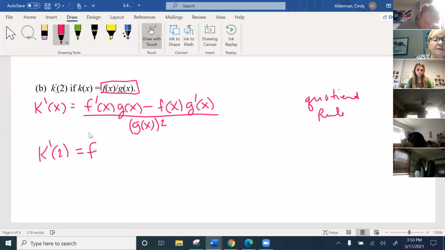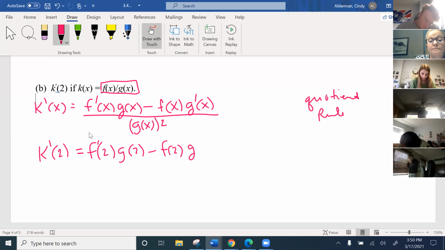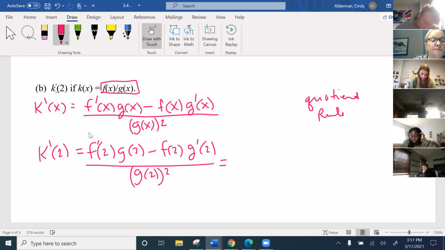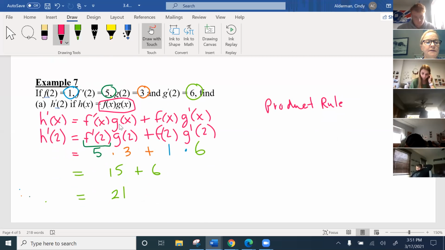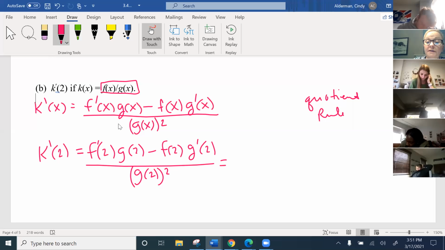So let's put 2's in here. All right, so let's see, f prime of 2, according to this up here, is 5, and g of 2 is 3, f of 2 is 1, and g prime of 2 is equal to 6.